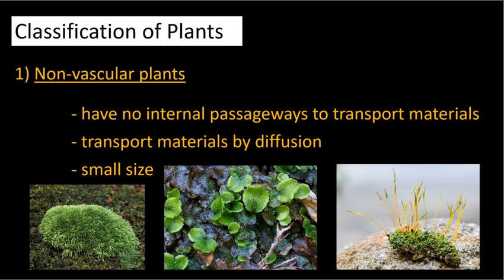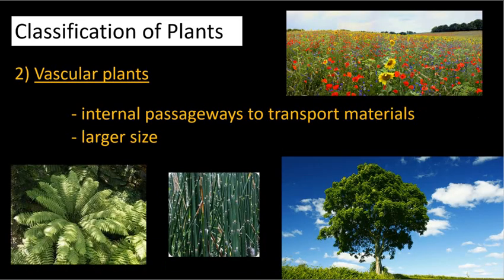So transportation is slow. Okay, the plants that are in the next category is the category that you primarily think of when you think of plants. And this is the vascular plants. These are the ones that have those passages on the inside.